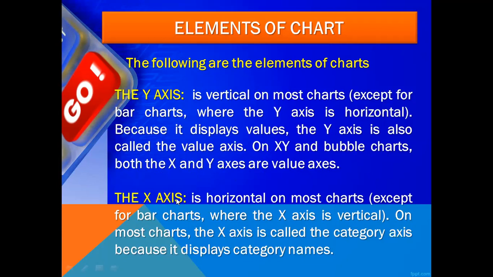The X axis is horizontal on most charts, except the bar chart, where the X axis is vertical. On most charts, the x-axis is called the category axis because it displays the data in both manners.